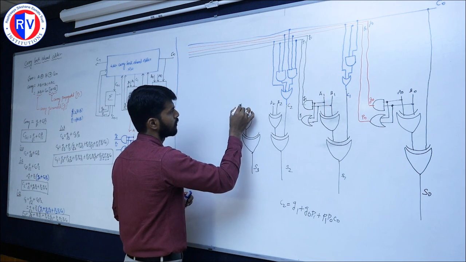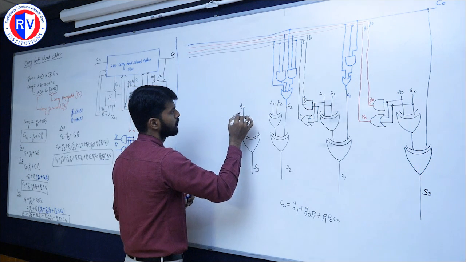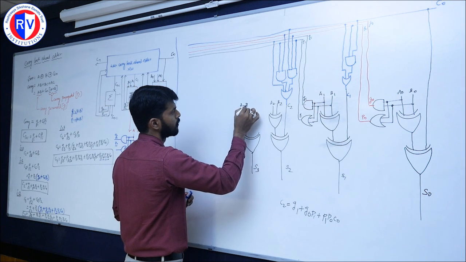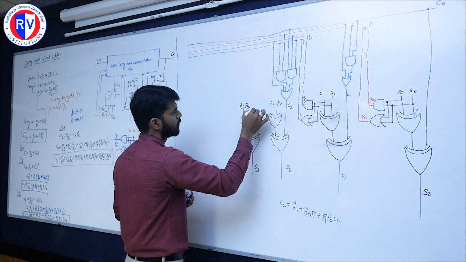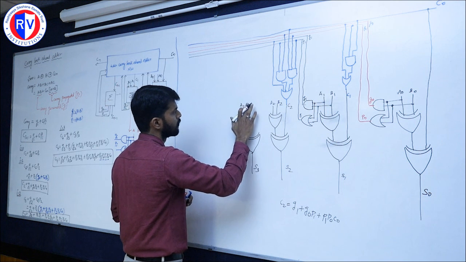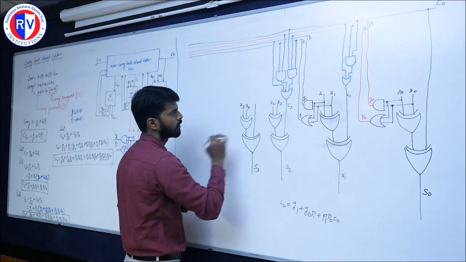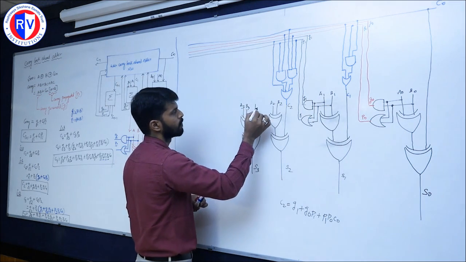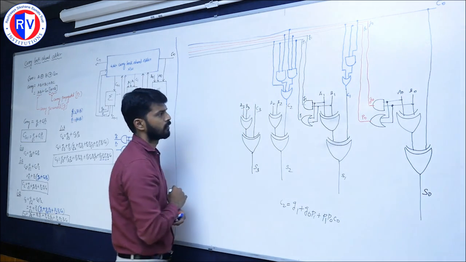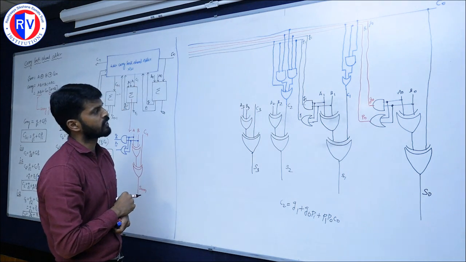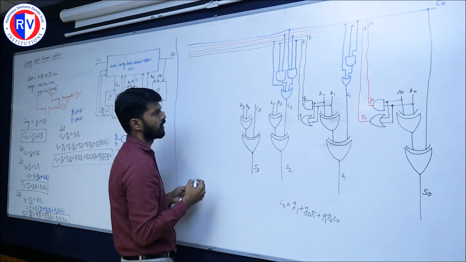See here I am getting A3, B3, B3. Here I will connect straight away C3. So what is the output of the C3? From where are we getting C3?